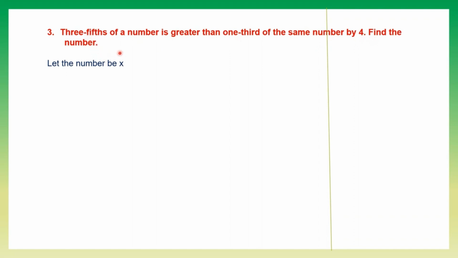Okay, so 3/5 of this number, that is 3 by 5 of x, is greater than 1/3 of that same number, 1 by 3x. So 1 by 3x plus 4 will give us 3 by 5x. Now this is one way of putting it. Another way we can say 3 by 5x minus 4 is equal to 1 by 3x. So we'll work out with this equation in this form.